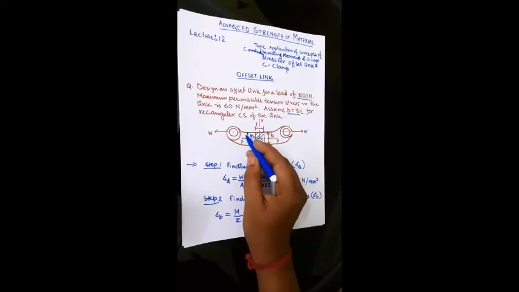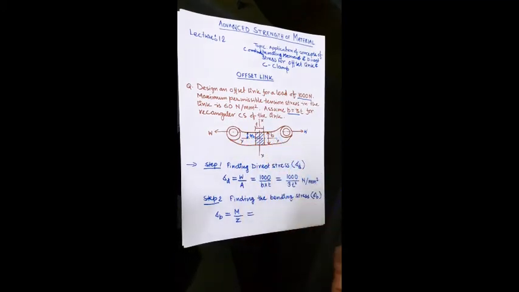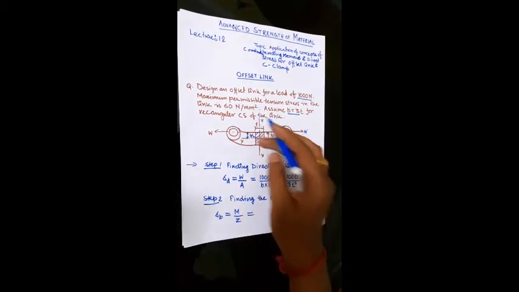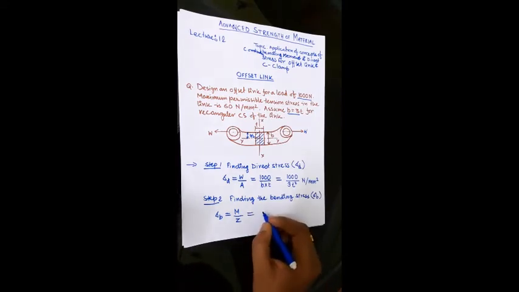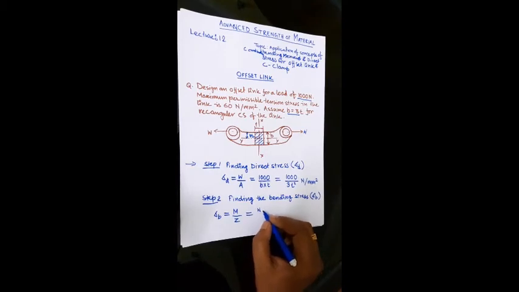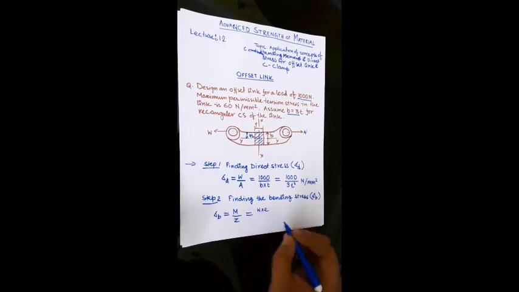This distance is b by 2. So this is eccentric loading, and the distance from the y axis is b by 2. So the value of bending moment will be nothing but W, that is our load, into the eccentricity e.